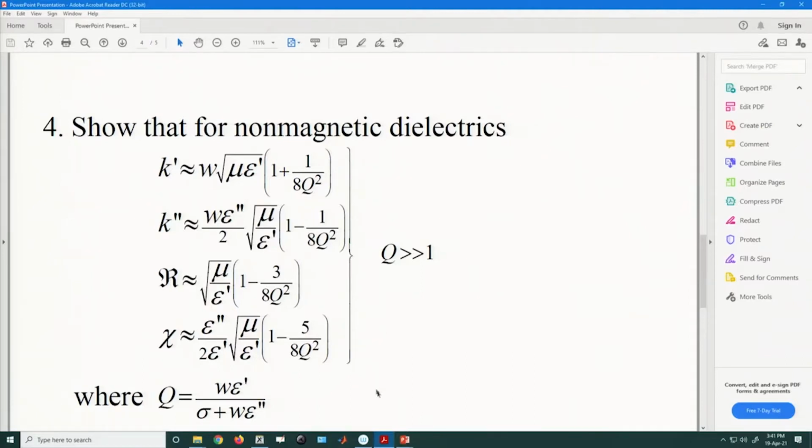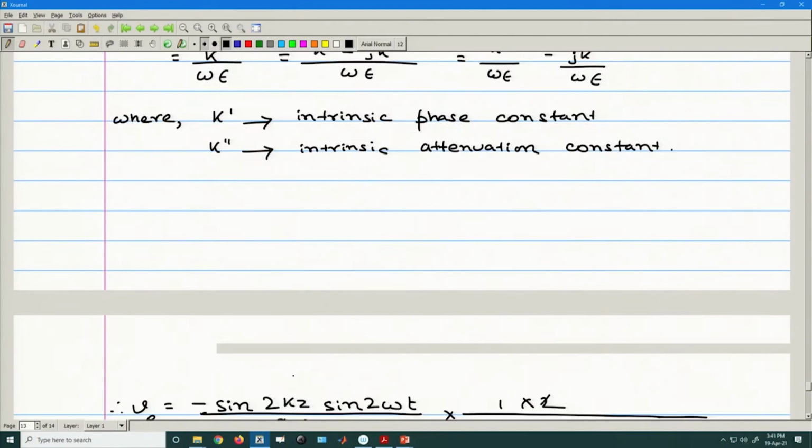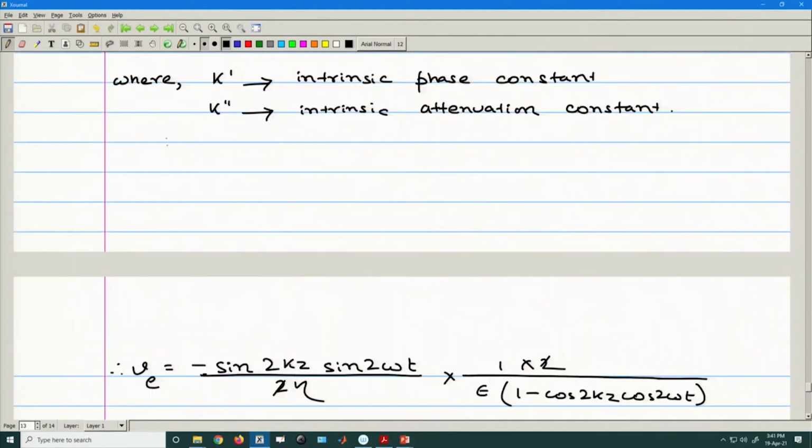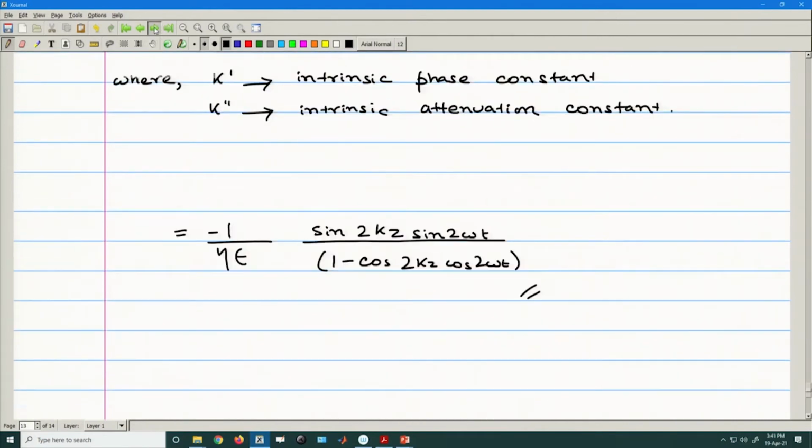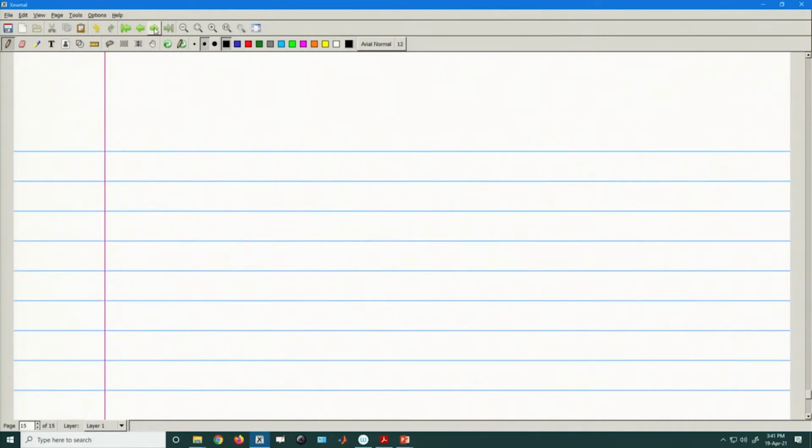Okay. So, again we will start solving. It's given that quality factor is written as omega epsilon prime divided by sigma plus omega epsilon double prime.